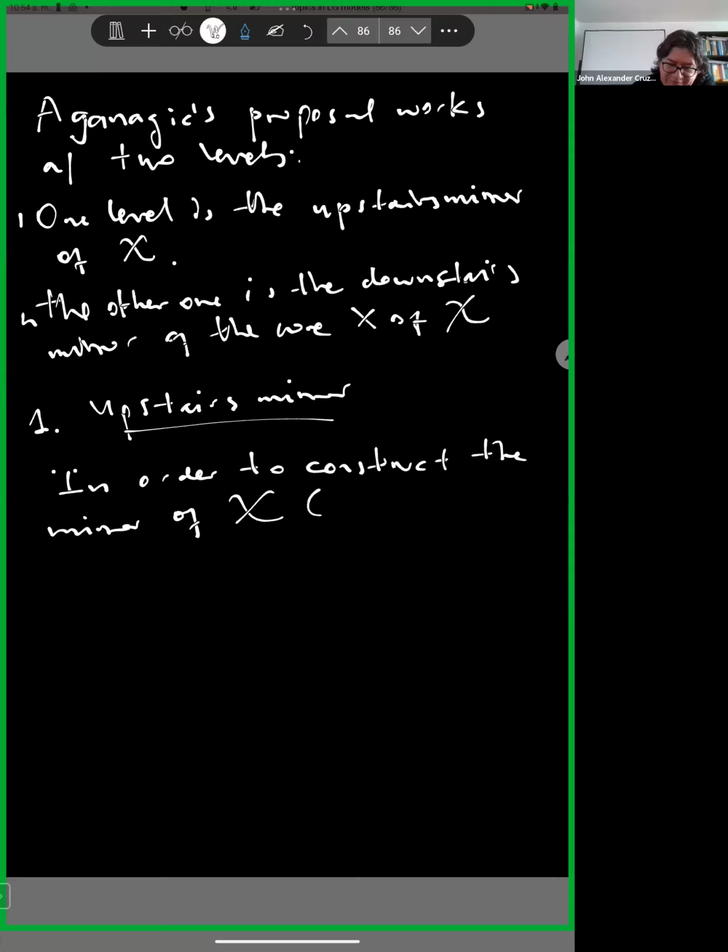In order to construct the mirror of X as a holomorphic symplectic variety, I have to say that this discussion will be kind of physical heuristic, right, to construct this mirror.